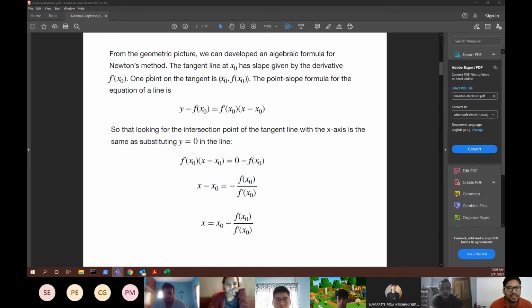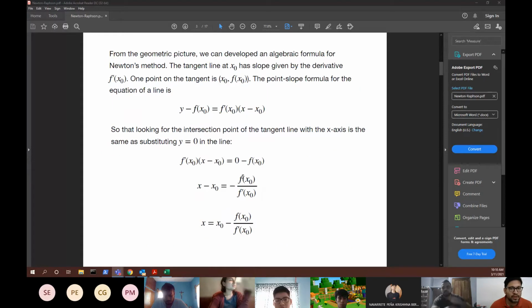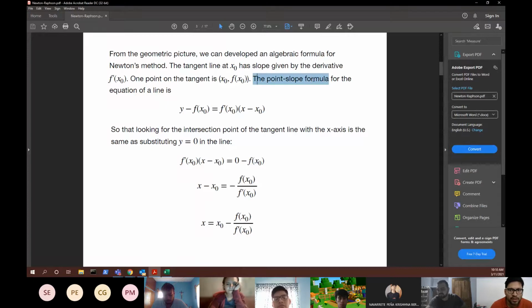So that was the function between two points. In general, if you think about it, we're actually using two points. We have one point here to create a line, but this line is related to the tangent of the function. So this is the point-slope formula for the equation of a line. That's how we call it in English: the point-slope formula.